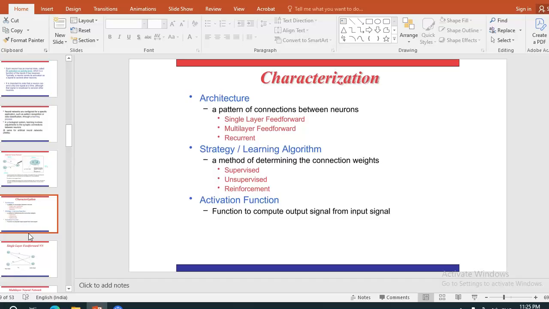Then finally, reinforcement learning. Here the learning happens with the help of feedback. For example, each and every time a teacher provides feedback: oh, you are doing very good, or you are not doing good. Based on the feedback, it will adjust. Similarly, in networks, for applications like robotics automation and robotic path finding, reinforcement learning is very useful.